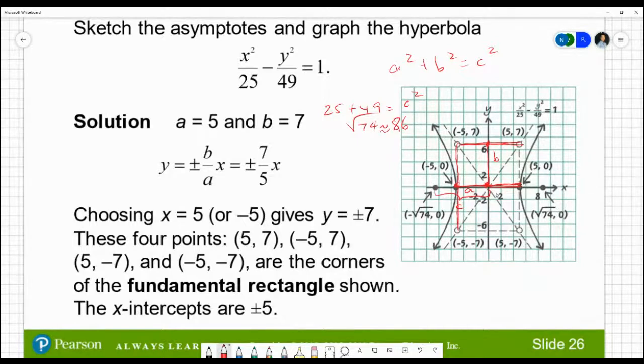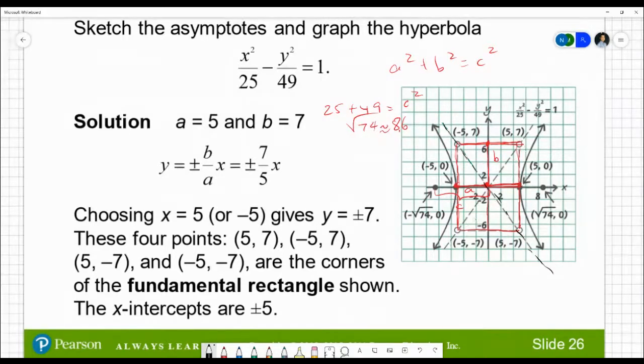If you go from the center up B, down B, left A, right A, that gives you how big the rectangle is. Then we start from one corner and go to the other corner to give the asymptotes that the hyperbola is going to follow.